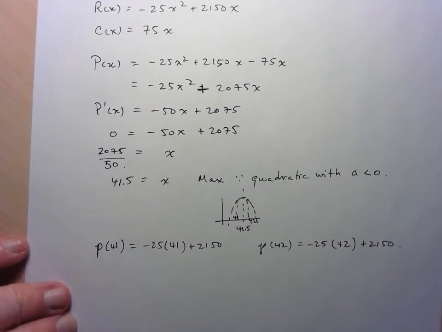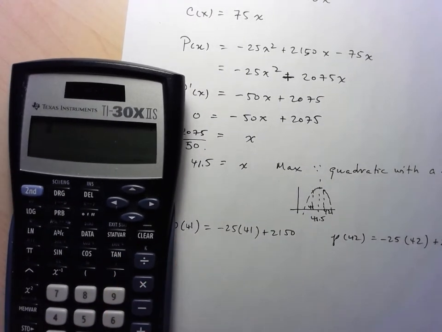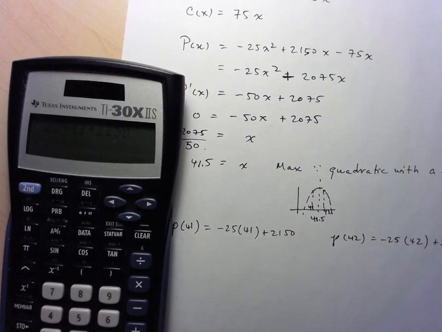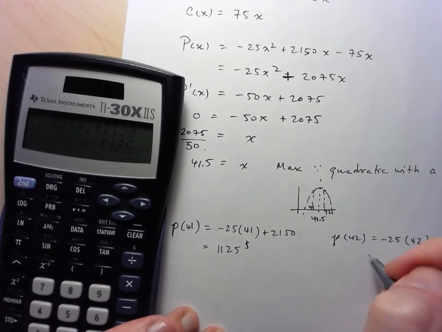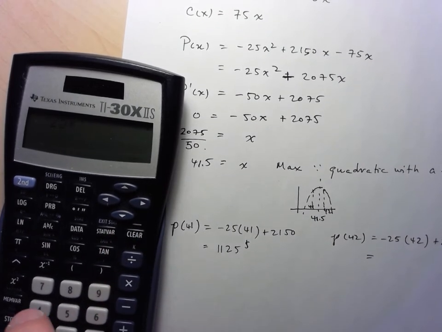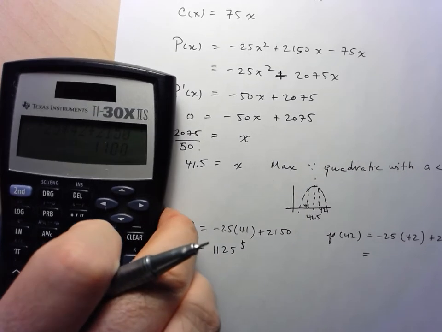Let's check both of these. Negative 25 times 41 plus 2150 gives us $1,125 for our rent, and negative 25 times 42 plus 2150 gives us $1,100.